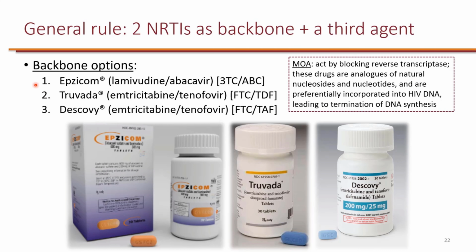And generally speaking, we have 3 backbones that are commonly used. So we have Epzicom, which is a combination of lamivudine and abacavir. We have Truvada, which is emtricitabine and tenofovir disoproxil fumarate. And we have Descovy, which is a combination of emtricitabine and tenofovir alafenamide. And I'll explain the difference between tenofovir disoproxil fumarate and tenofovir alafenamide shortly.